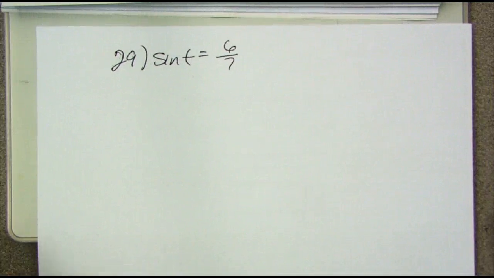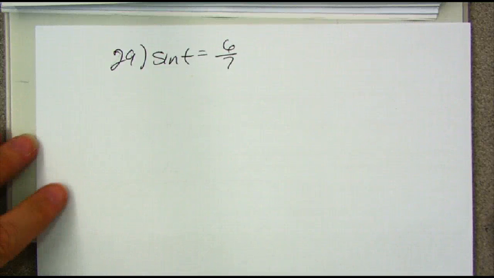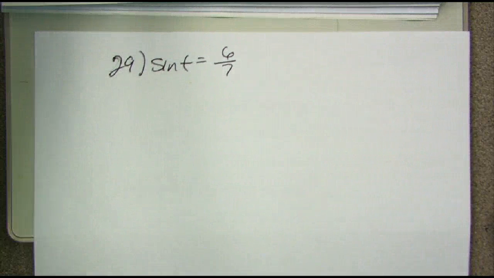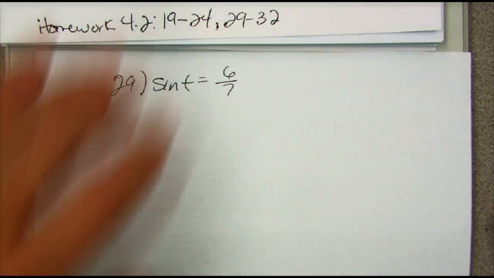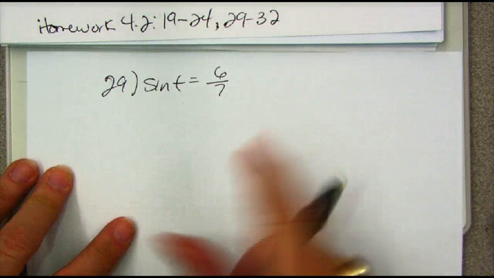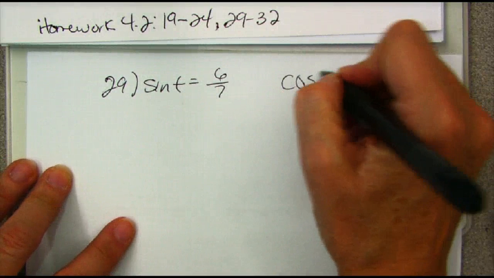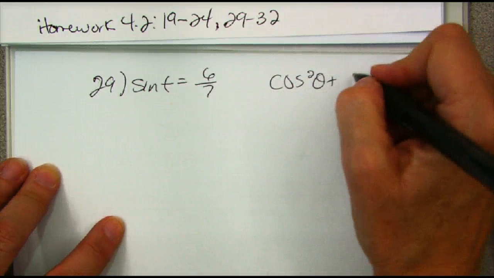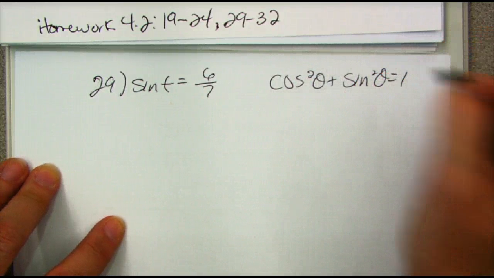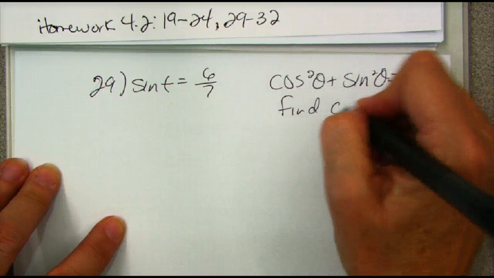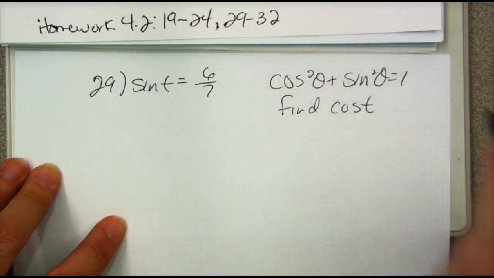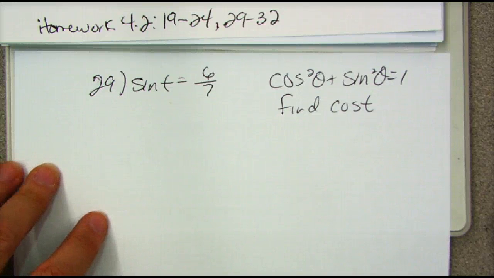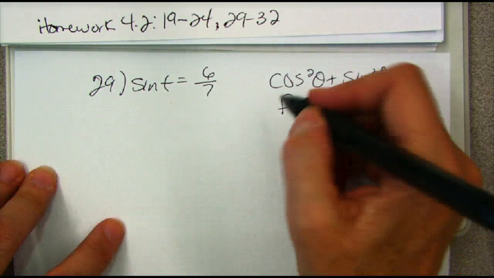Here's 29. So in 29, here's the problem. It says use this trig identity to find cosine of t. So instead of theta, I would just put in t. It's just a variable.